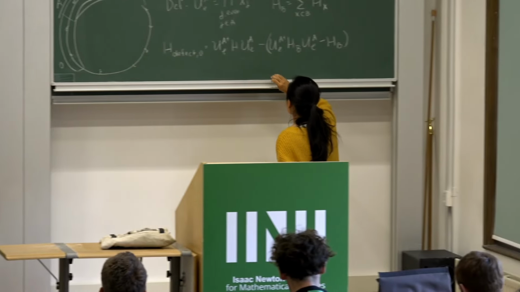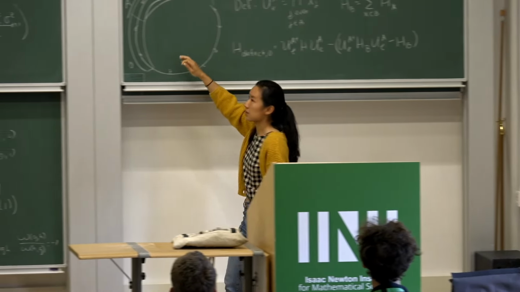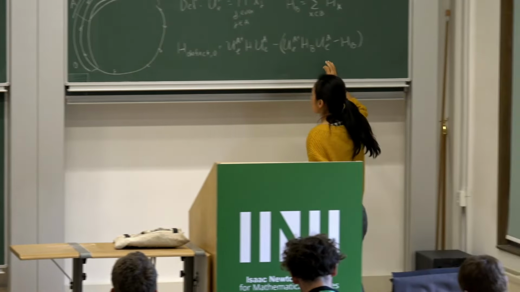But then you want to get rid of how it modifies the Hamiltonian in this region B. So that's the purpose of the second term here.